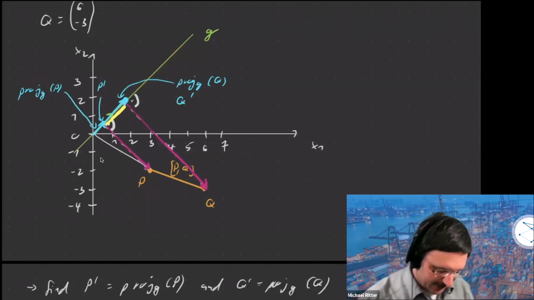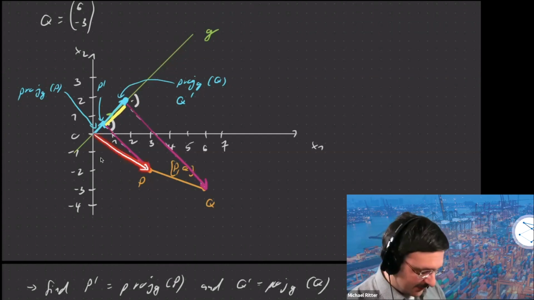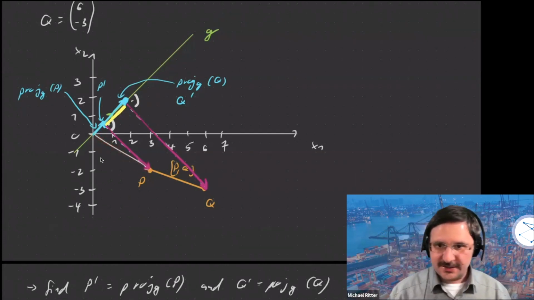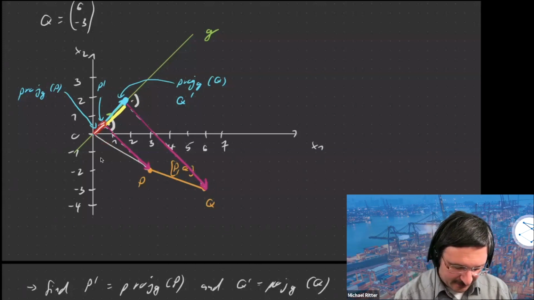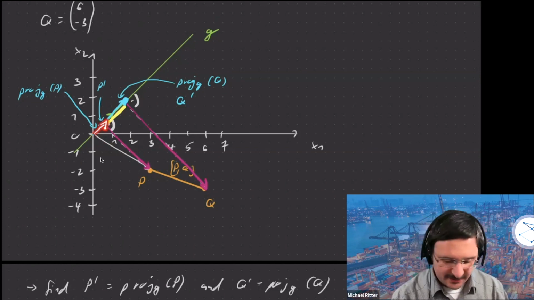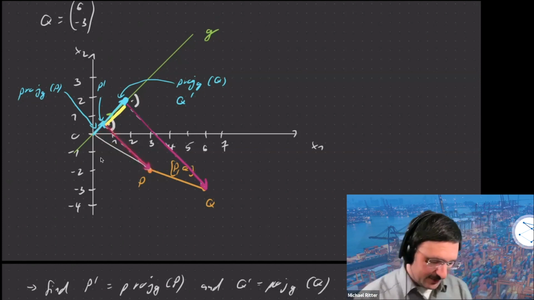For example, if you take this vector here, this P, that's the vector P, right? What the projection does is it splits up that vector P into a part that is parallel to G, so it lies in G, and a part that is orthogonal to G, this part here.